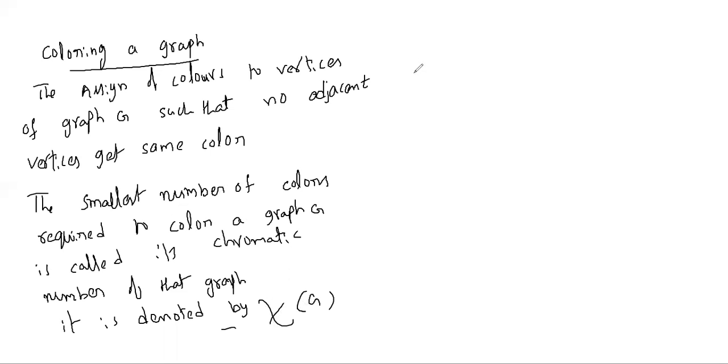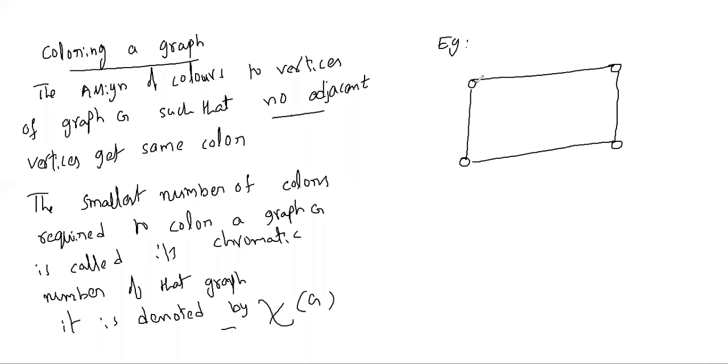To understand this, we see one example. For example, there will be four vertices. Now you have to color the graph.